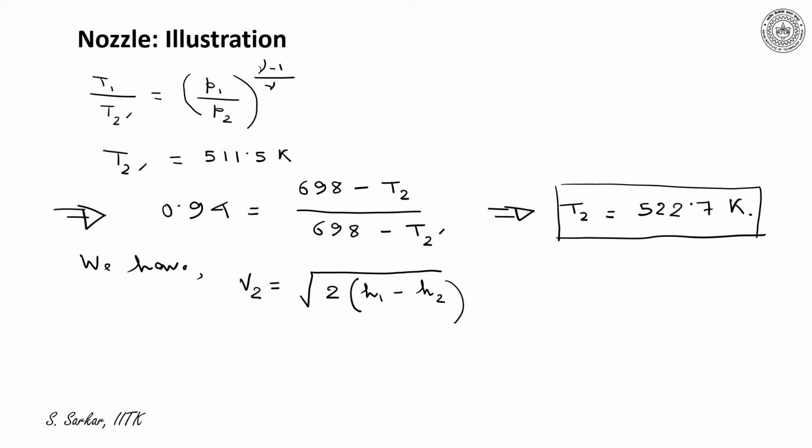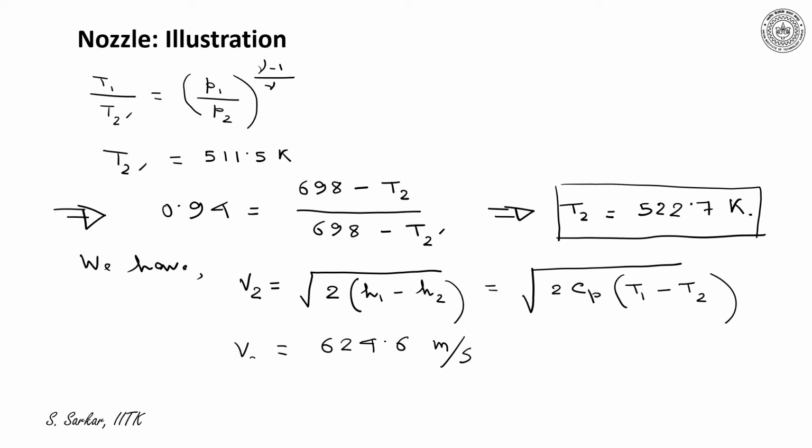So that can be written as root over twice Cp into (T1 minus T2). I know the value of T1, I know the value of T2, I know Cp. So if you put in all the values and calculate, you will get V2 is equal to 624.6 meter per second.